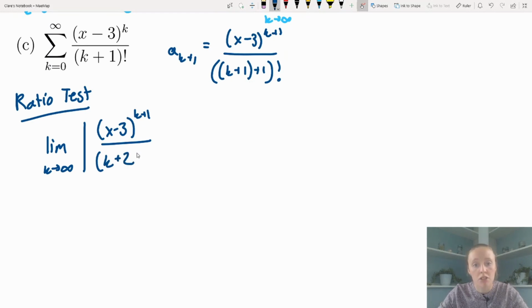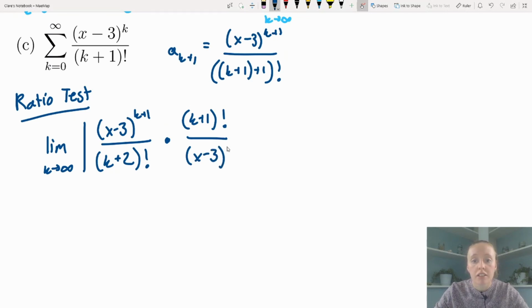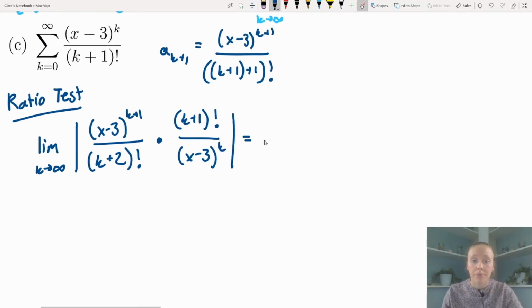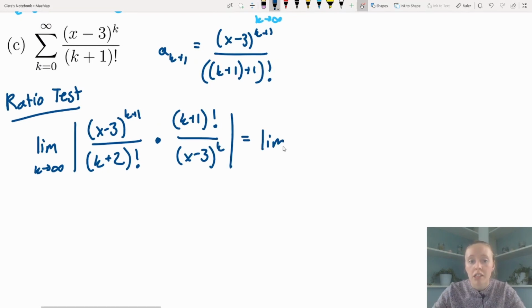This will be k plus 2 factorial, and I'll multiply that by the reciprocal of my a sub k. So that's going to be k plus 1 factorial all over x minus 3 to the k. Now, there's a lot of simplification we can do to get things to cancel out. I'm going to have the limit as k approaches infinity of the absolute value of x minus 3.